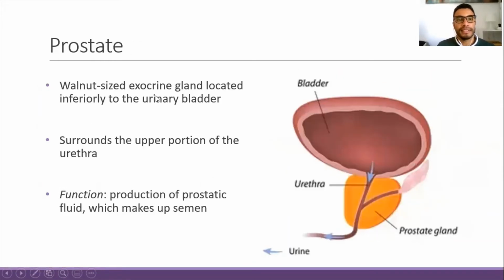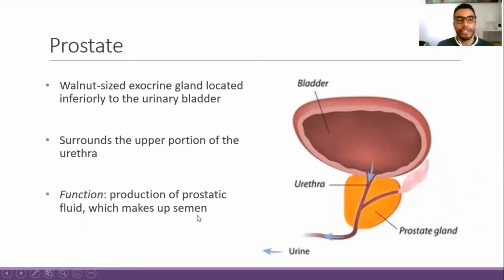The prostate is this gland, okay? It has the size of a walnut. It's an exocrine gland located inferiorly to the bladder. It surrounds the upper portion of the urethra, okay, and also surrounds the ejaculatory duct.